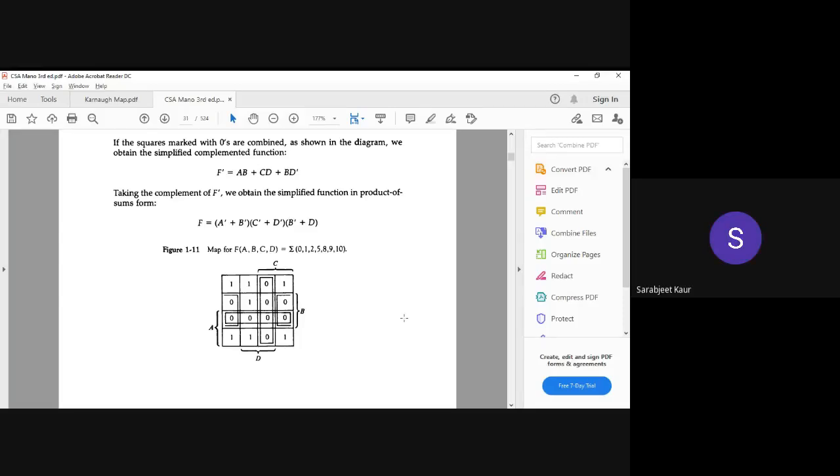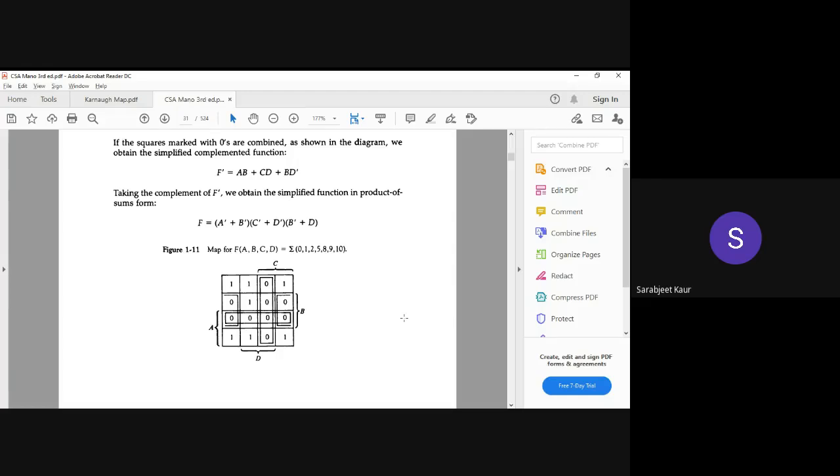Okay. So this is about the POS simplification. Let me take another minute to revise it with you. It is not difficult. It is just the same as SOP simplification. The only difference is that in the squares which are not min terms, we put zeros.